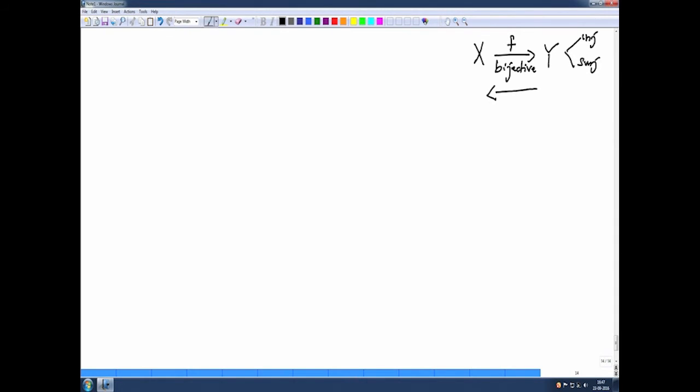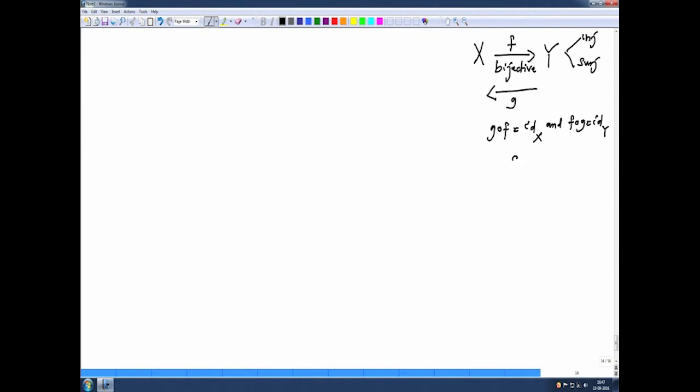Let us call it G, and we have to check that G compose F is the identity map on X, and F compose G is the identity map on Y. The advantage of doing this is not only do you prove that the map is bijective, but also you produce an inverse.